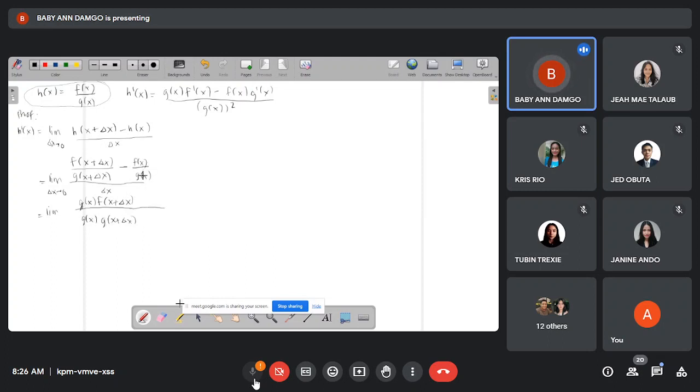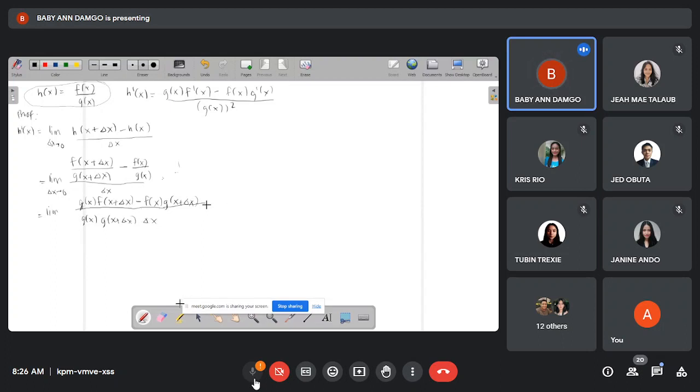Kani, divide ani. So, this is equal to kani times this one. This is minus f of x times g of x plus the change of x. So, kani, mura raman na siya og i-multiply sa 1 over this one. So, ato ra nang ibig so ani.